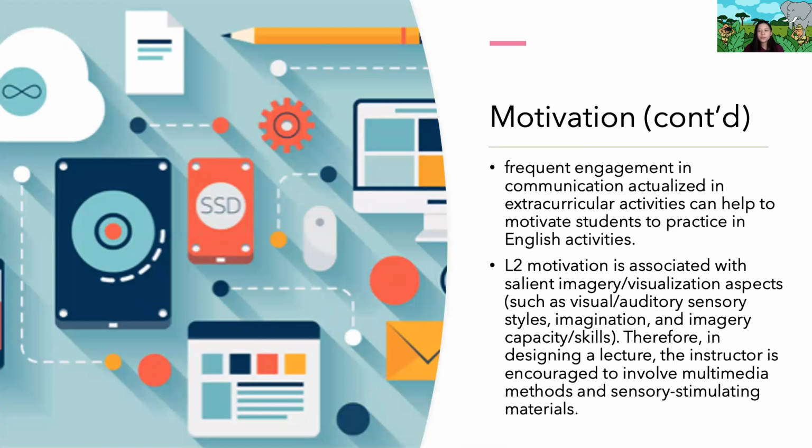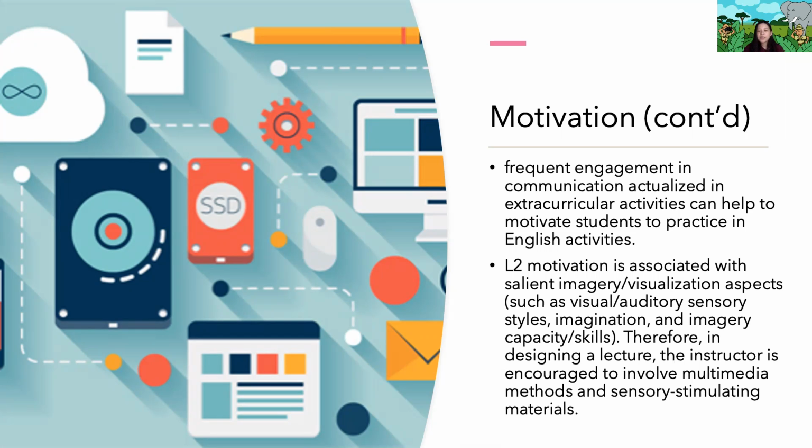Methods to motivate students include frequent engagement in communication, in both curricular and extracurricular activities. Second language learning motivation is associated with salient points. By saying salient points, I mean visualization aspects such as visual, auditory, and sensory styles.